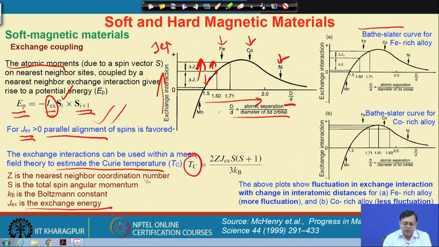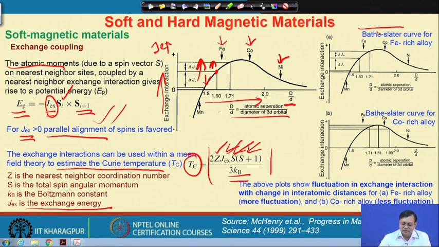We can estimate the Curie temperature from Z, the nearest neighbor coordination number, with the exchange energy as well as S into S plus 1, divided by the Boltzmann constant. So, we can simply estimate the Curie temperature from only this exchange interaction potential from this Bethe-Slater curve.